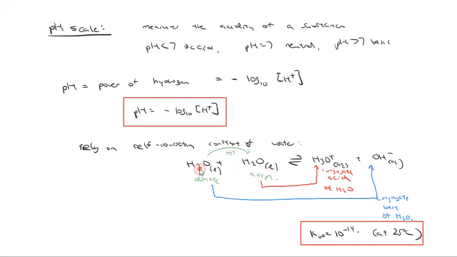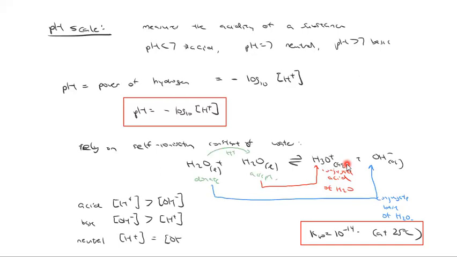So you've got the self-ionization of water. Now, what's actually true is that acid means H+ concentration is greater than OH- concentration. That's really what that means. And a base is the other way around. You've got more OH- than H+. And what neutral really means is that H+ will equal OH-.